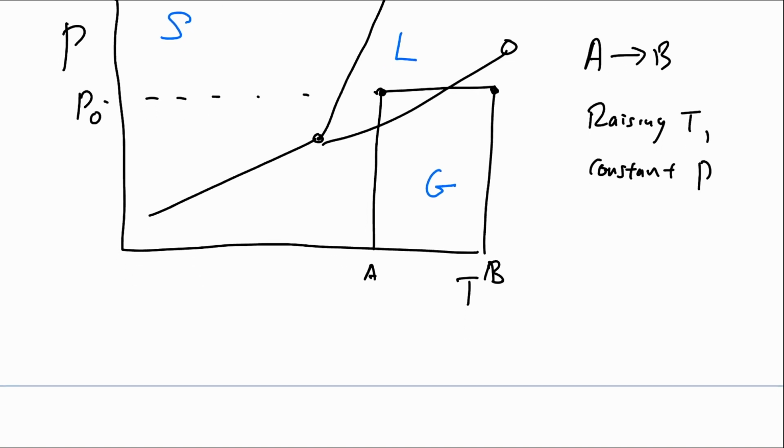But if I go from A to B, I start in the liquid and I get to this gas phase. I cross these lines. What are these lines called? Yeah, they're phase boundaries.